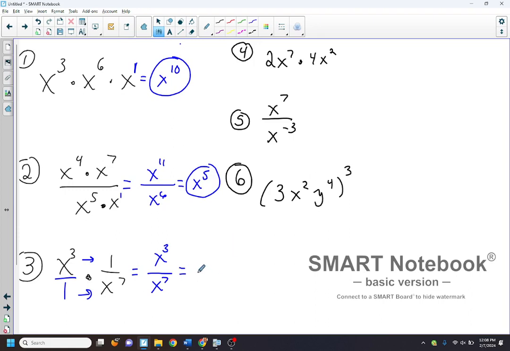So x to the third divided by x to the 7 is x to the negative 4.